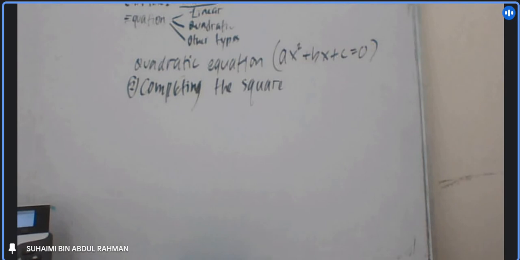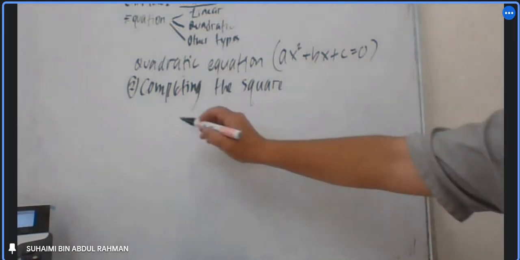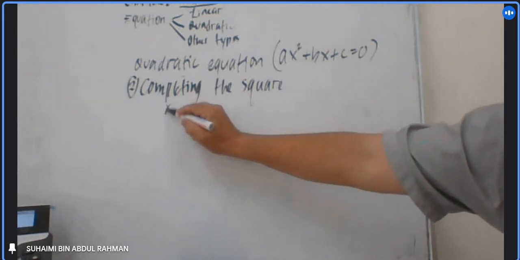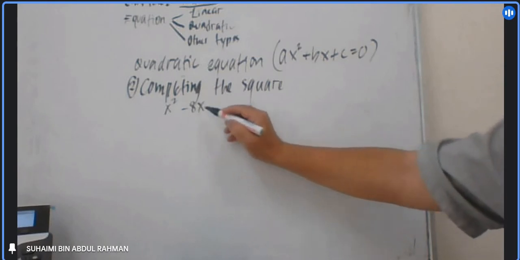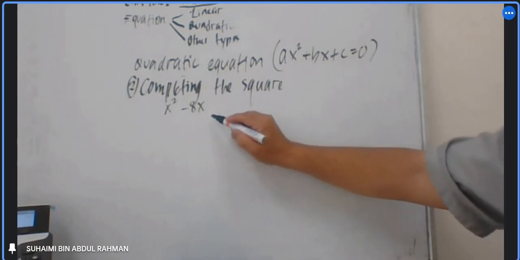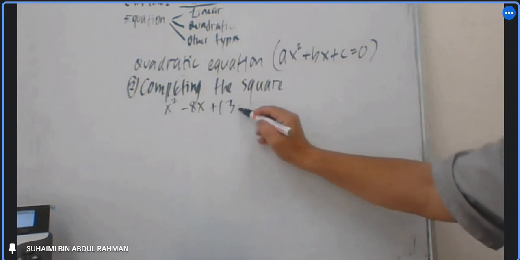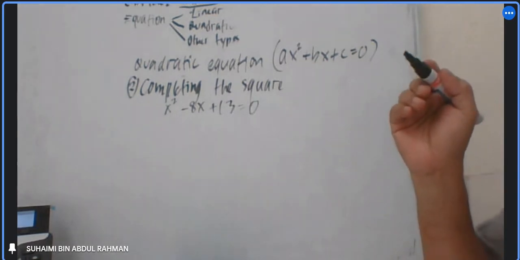Completing the square method. Let's say we want to solve x squared minus 8x plus 13 equal to 0.